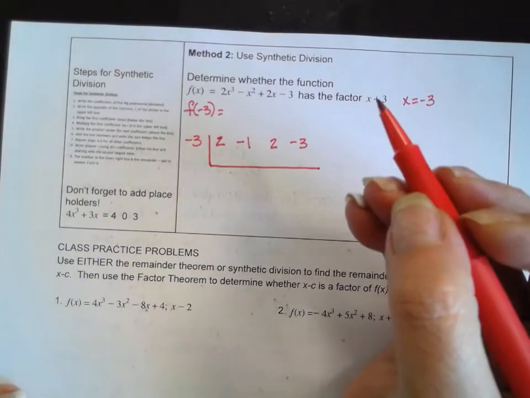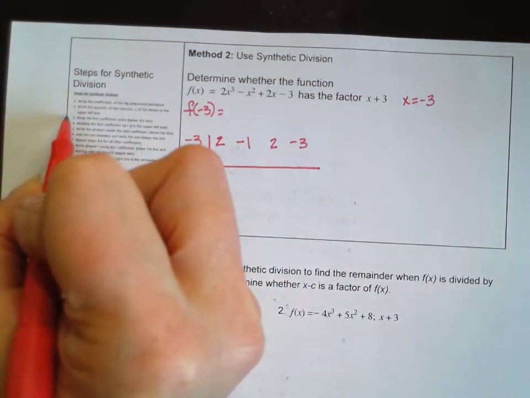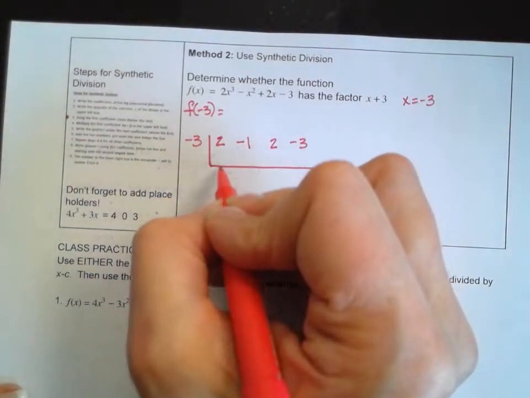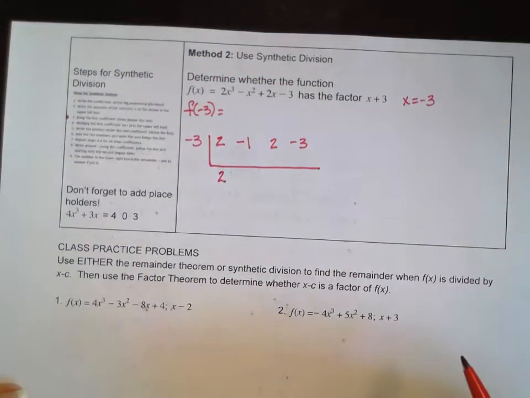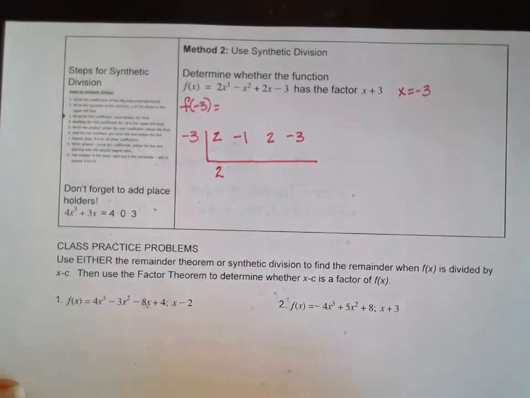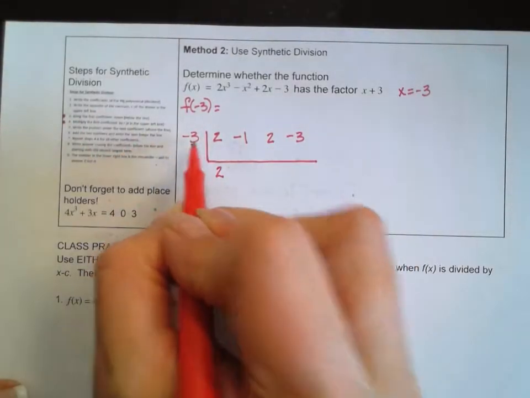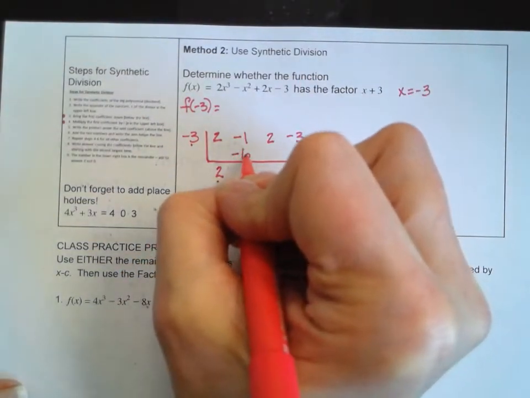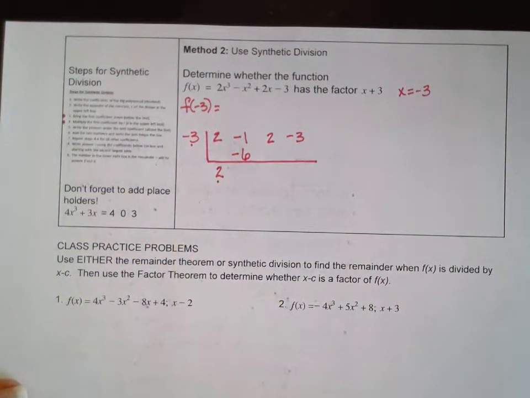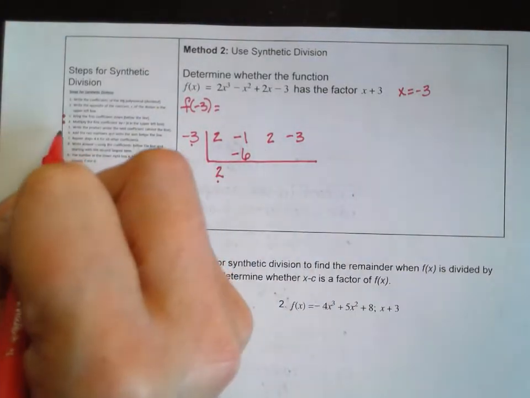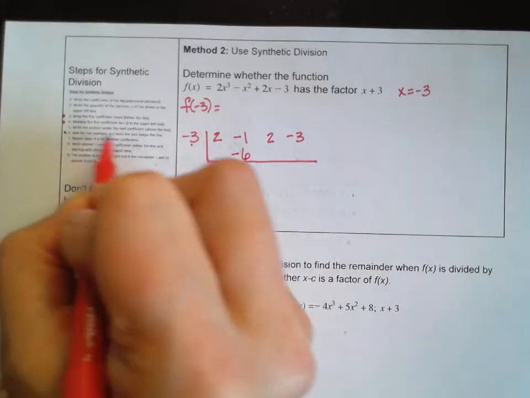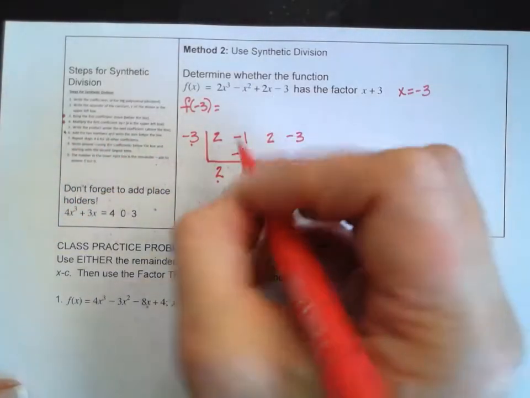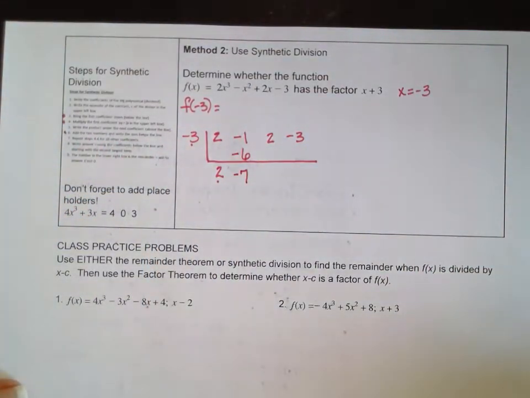And so the first step is to bring the first coefficient down. So I bring my 2 down. Anybody remember what you do next? Yep, multiply -3 times 2, which gives me -6. Then I'm going to add my 2 numbers, so -1 plus -6 is -7.